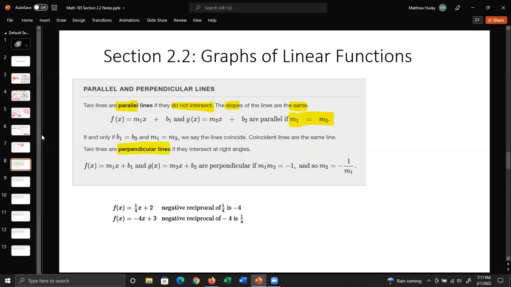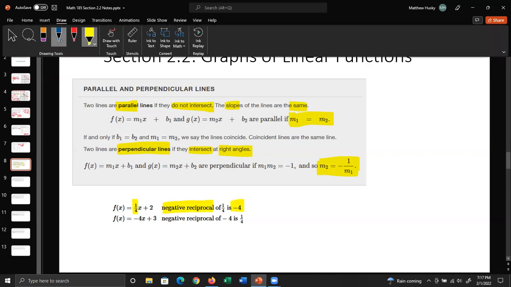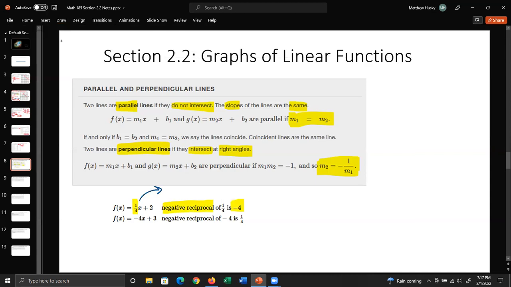For perpendicular lines, they intersect at right angles, so they make a 90-degree angle where they cross. Basically, if you flip the fraction over and change the sign, that is going to give you perpendicular slopes. So for instance, if I start with a slope 1/4, the negative reciprocal of 1/4 is going to be -4. If you flip over 1/4, you get 4/1, also known as 4, so this is going to be -4/1, which is really just -4.